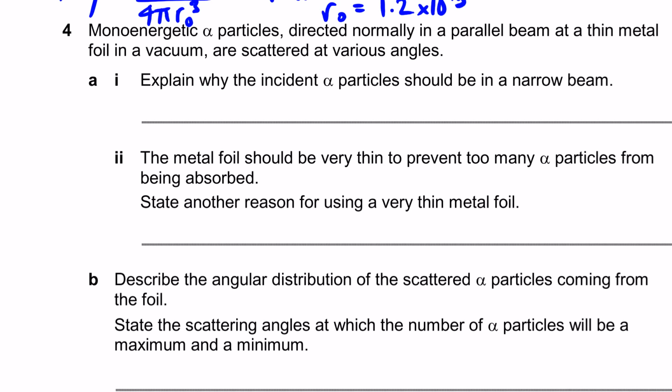So explain why the incident particle should be in a narrow beam. Effectively, if we have our alpha particles coming out like this and they're spreading out and we're not getting a narrow beam, when they're scattering, we're going to get the scattering where we want it to be. If I do that in green, so that's where we want it to be.